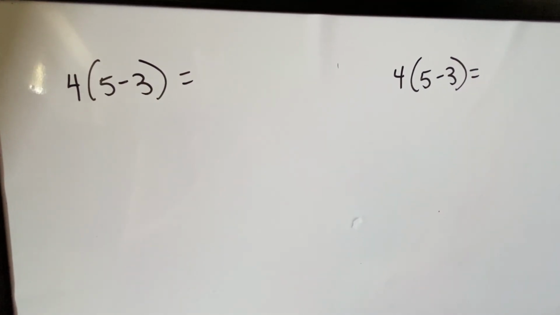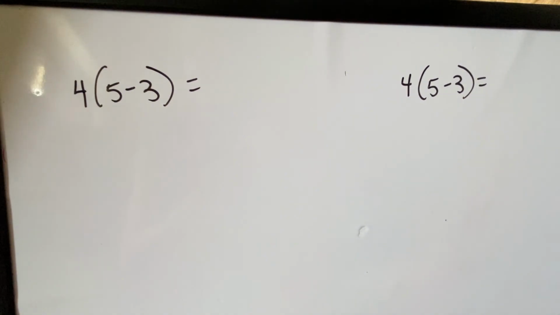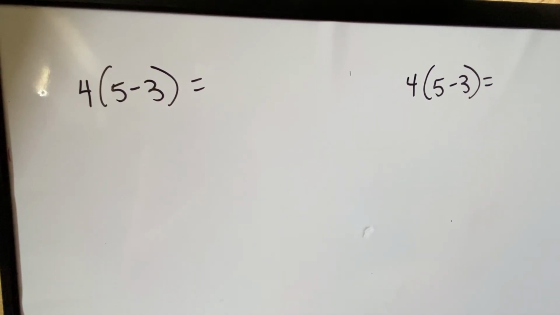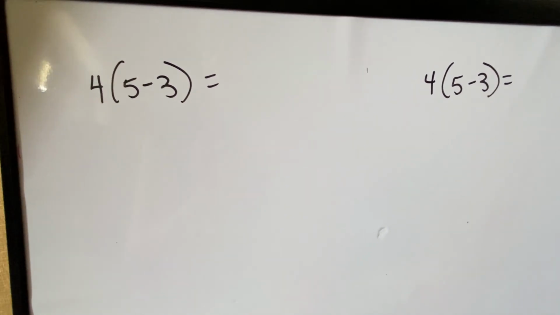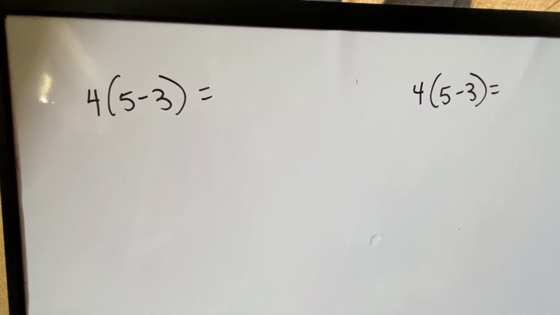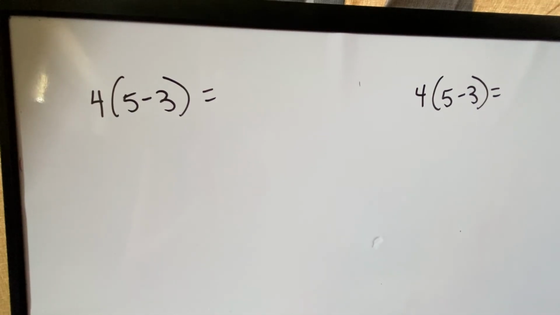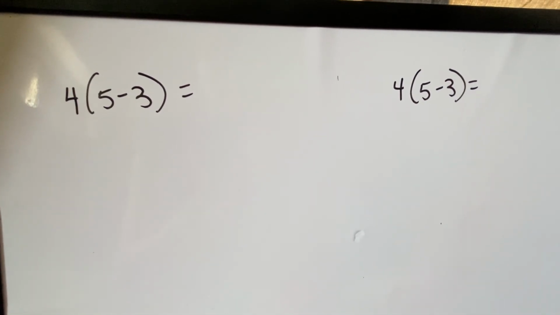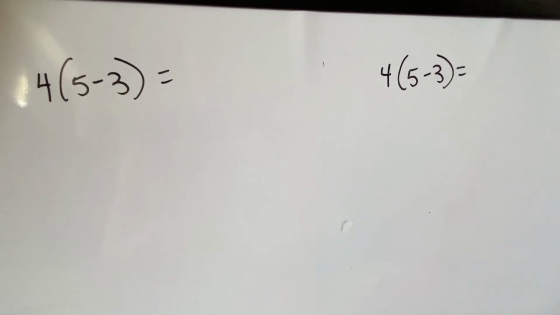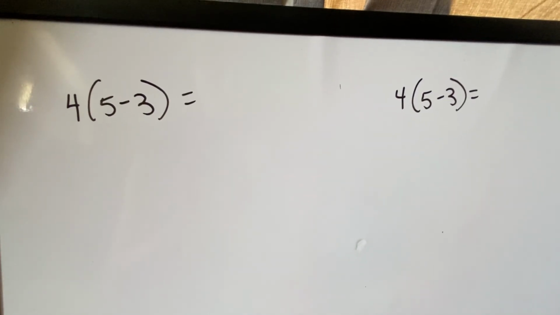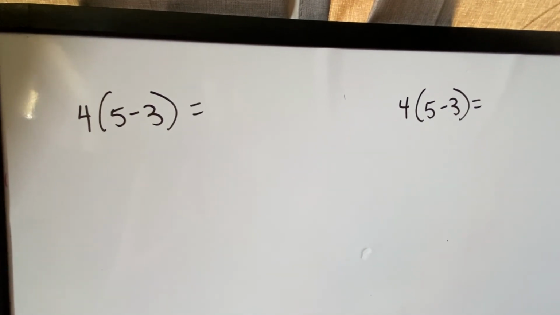Okay, so let's talk about something called the distributive property. They start talking about this on page 76 of your book. And so to kind of summarize it, it's just a different way of multiplying and adding terms together, and you're going to get the same answer.